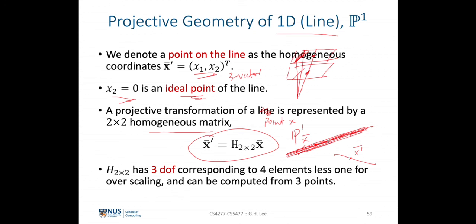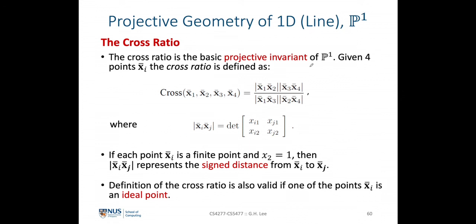H 2x2 has 4 elements, and the scale actually doesn't matter. So there's a total of 3 degrees of freedom, and hence this H can be computed from 3 points. So in the case of the 2D projective geometry, we say that the straightness of the transformation of a geometric entity has to be preserved after a projective transformation in the 2D space.